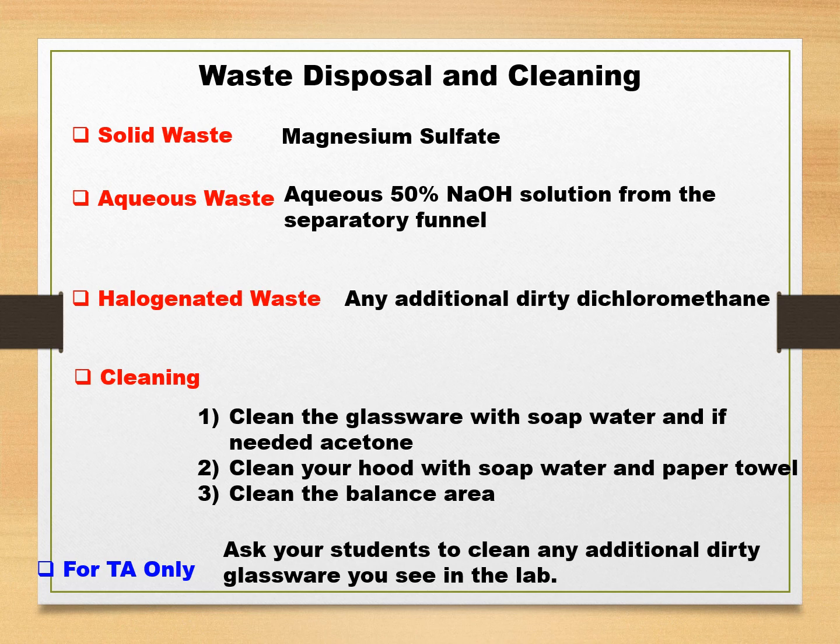Any excess or filtrated dichloromethane are wastes, but because these are organic wastes, they should be stored in a separate container. Normally, we label containers for storing organic compounds as halogenated waste. That's how it's labeled in most laboratories, as far as I know.